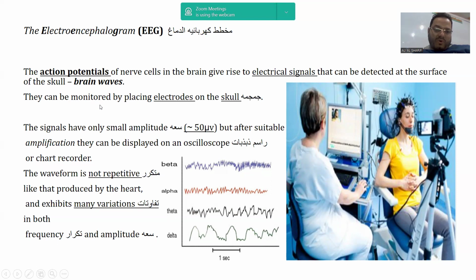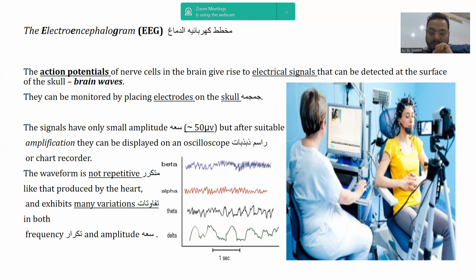They can be mounted by placing electrodes on the skull. All of these blue things on her head are electrodes. They try to take the electrical potential on her skull.